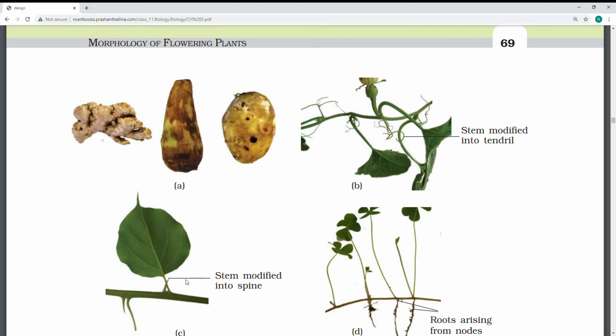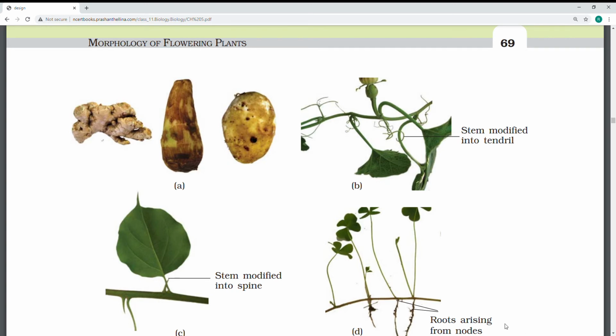Even in some arid regions, stems modify into flattened phylloclades, as in Opuntia, the xerophytes, the cactus. Phylloclade or cladode contains chlorophyll and carries out photosynthesis. All these parts also do this.